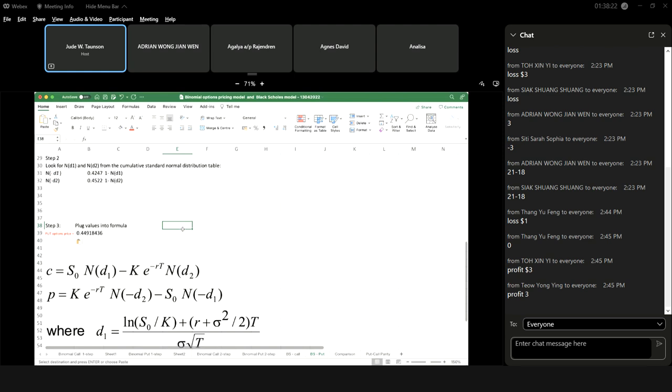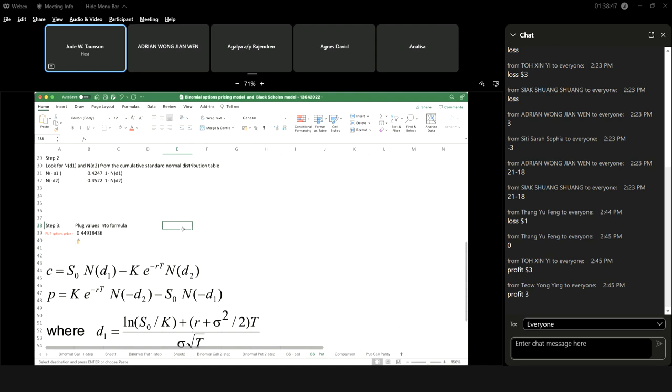Okay, because nowadays investors trade very actively, yeah, very high frequency trading. So the changes maybe in 1 hour there might be a lot of steps. Therefore, binomial might not be that practical.